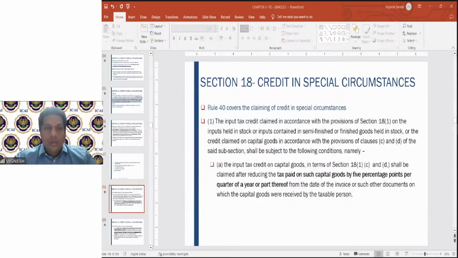See, when you're talking about section 16, which says that you can claim up to 30th November, you're not looking at a transition from the composition scheme or regular scheme. You're looking only at a regular scheme. But here in this particular situation, you're looking at a transition from non-registration to registration, or composition scheme to regular scheme.